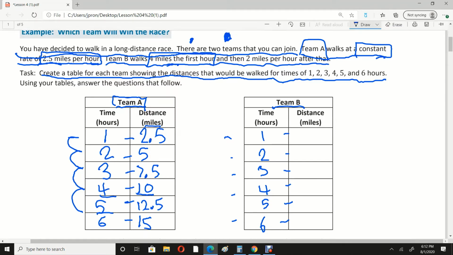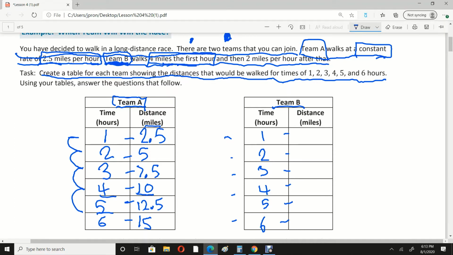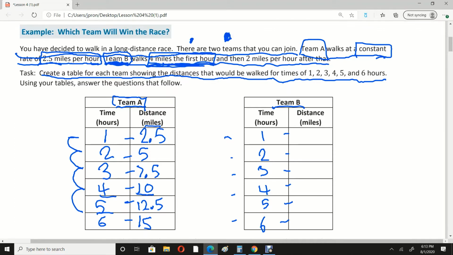Fantastic. So what you should have found based on the information we're given, Team B walks 4 miles the first hour. So under 1 hour right here, they would have traveled 4 miles. Then 2 miles per hour after that.